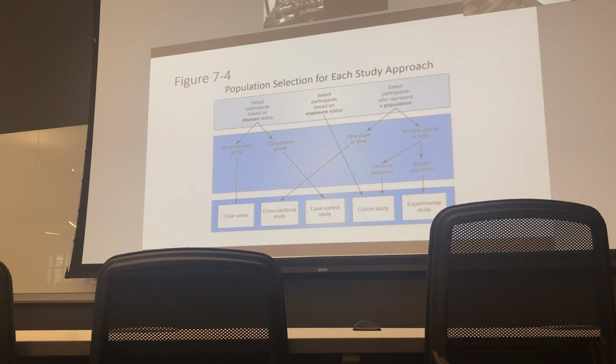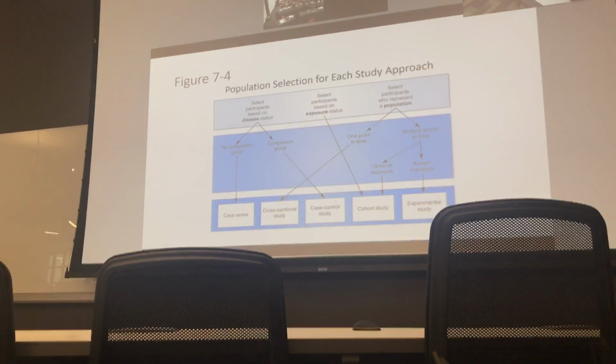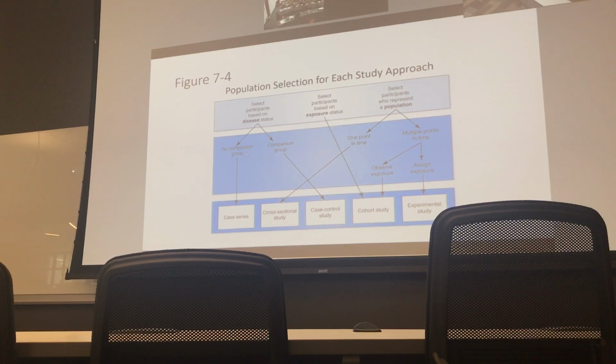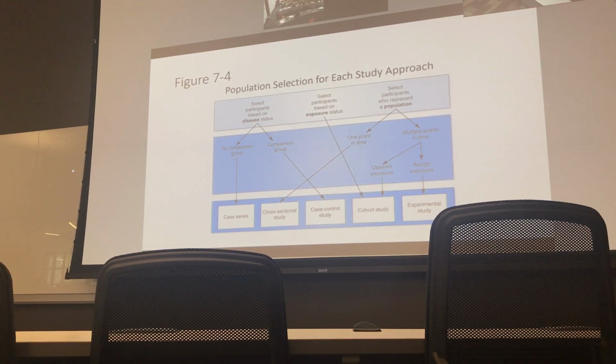So population selected for each study approach. Select participants based on the disease, right? Then I can decide whether or not I want to have a comparison group or no comparison group. This is essentially a flow diagram for selecting case series studies, cross-sectional studies, case control studies, cohort studies, and experimental study designs.